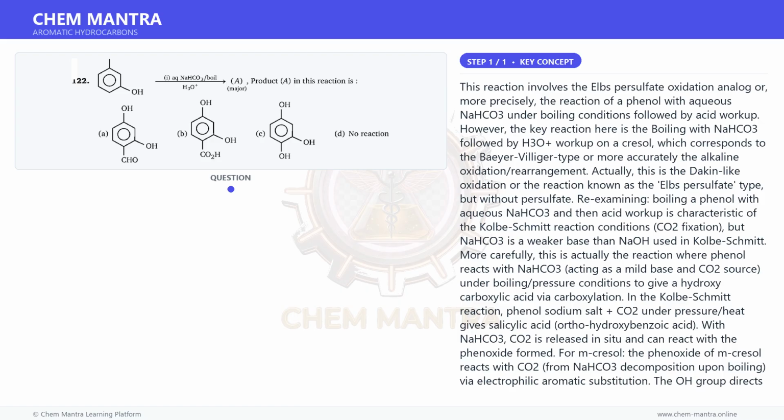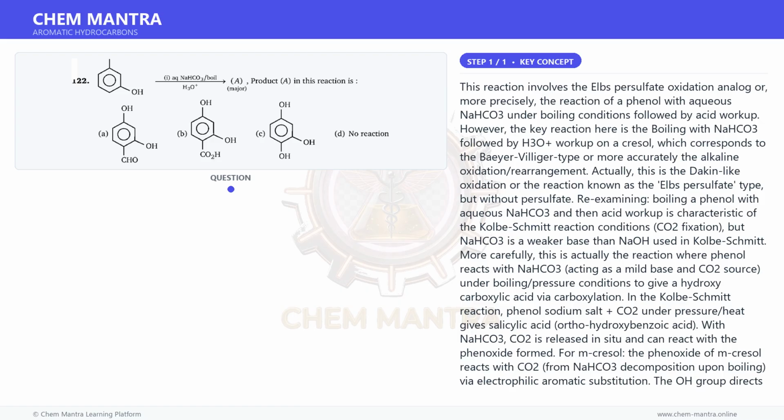Actually, reconsidering, the correct reaction here is likely the oxidation of the aromatic ring. The product, B, shows a benzene ring with O, adjacent O, and adjacent CO2H. This is a catechol with a carboxylic acid, suggesting oxidative cleavage or carboxylation plus hydroxylation.